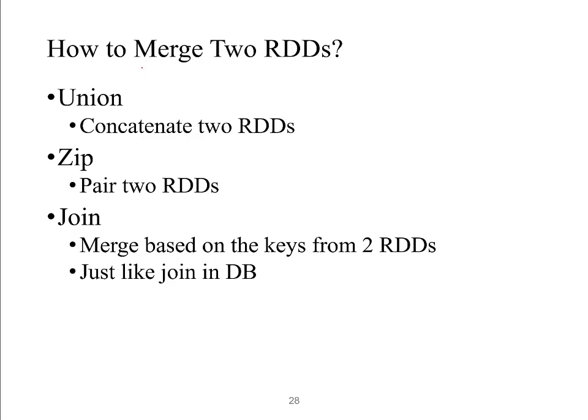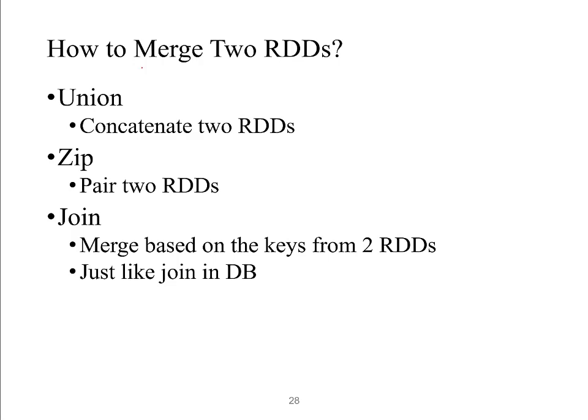Because in most cases, we use transformations to convert one RDD into another. This is the most common scenario, but there are some situations where we do need to merge two RDDs.